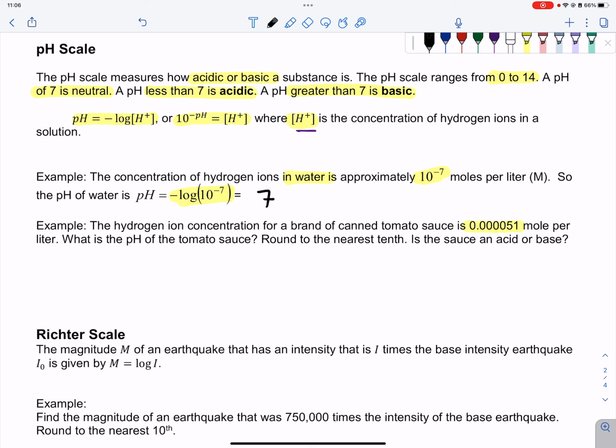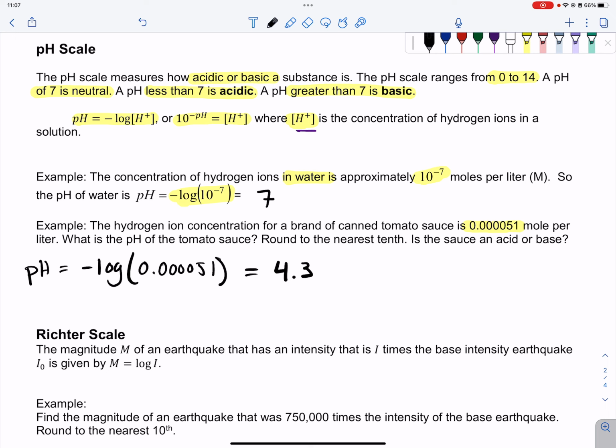Well, our equation for pH is it's equal to negative log of the hydrogen ion concentration, and we have just been given the hydrogen ion concentration, so we can put that into the parentheses here. So negative log of 0.000051. And now we can evaluate this in our calculator. And if we round to the nearest tenth, so 1 decimal place, you should get 4.3.